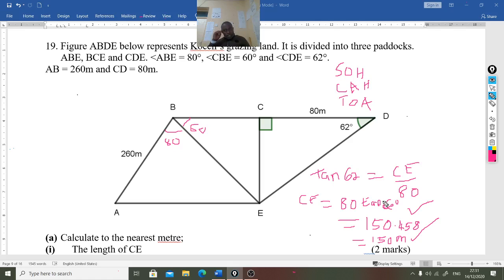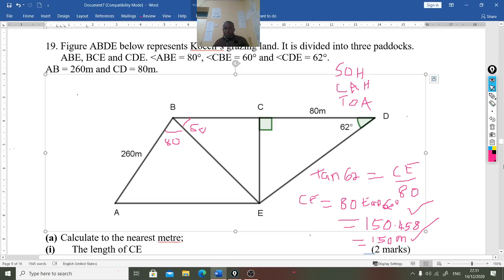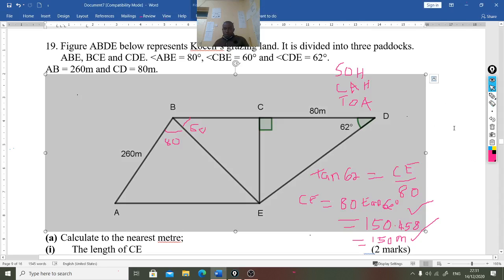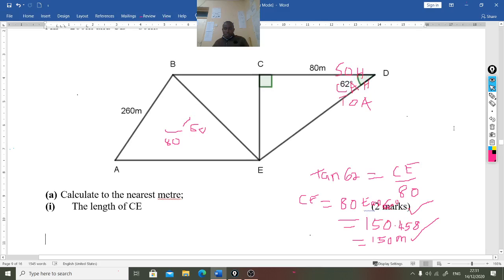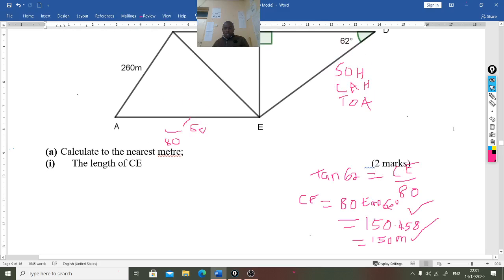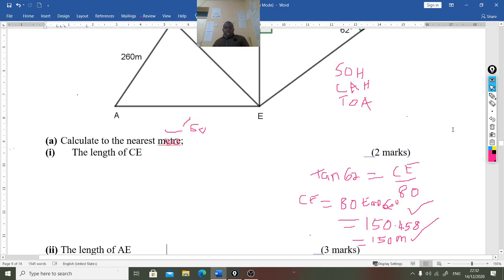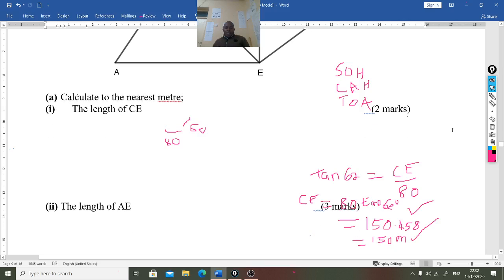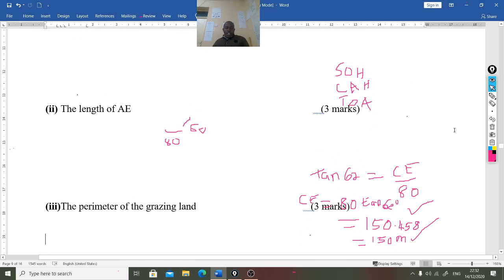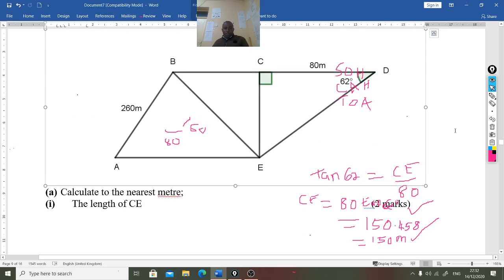Then from there, let us look at the other question: calculate the length of AE. So we need to find the length of AE and then the perimeter. First of all, we deal with the length of AE.